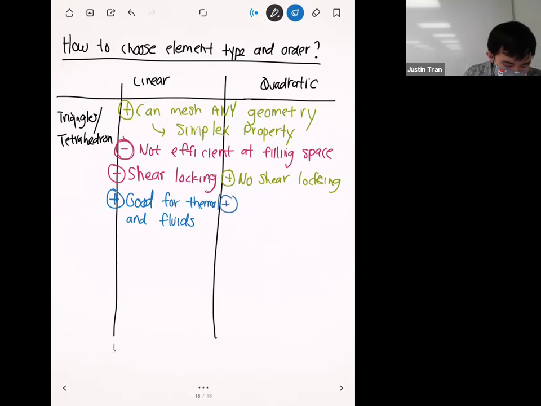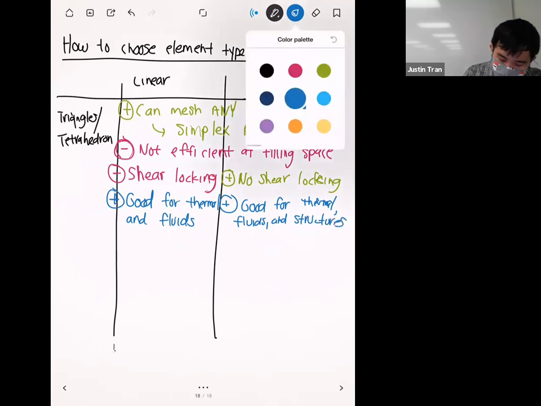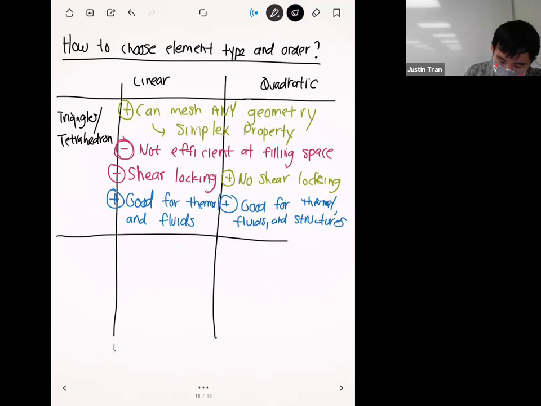And for quadratic tetrahedron, these are great for fluids and thermal, but also for structures. And those are usually the main three areas where people run finite element simulations: heat transfer, fluid, or structural simulation.